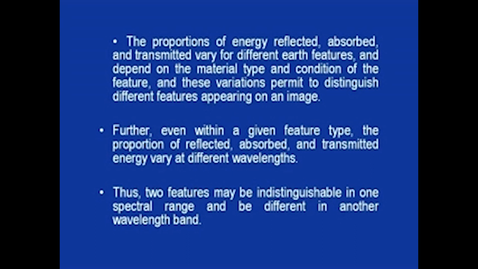Further, even within a given feature type, the proportion of reflected, absorbed and transmitted energy can vary at different wavelengths. Thus, two features may be indistinguishable in one spectral range and be different in another wavelength band.